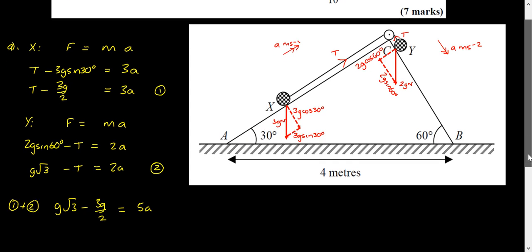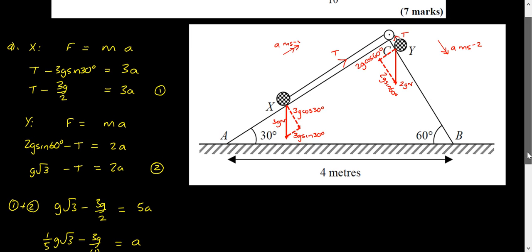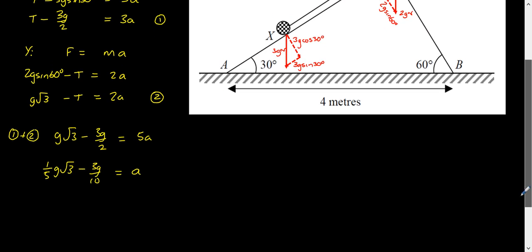And we're almost there. If we simplify this a little bit, we can do a number of things. We tried dividing everything by 5, I suppose, at this point, and we could say we've got 1/5 of g root 3 minus 3g over 10 equals a. That's looking good so far, because I know that I need g over 10 in my answer.